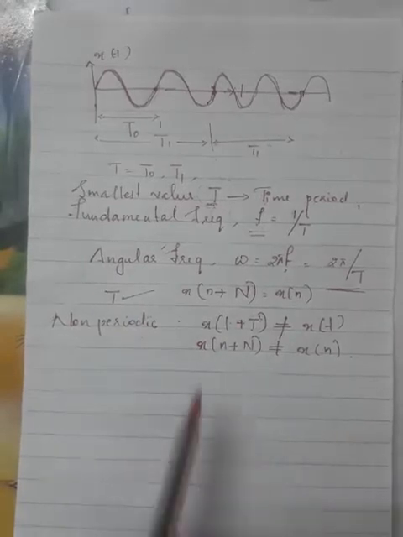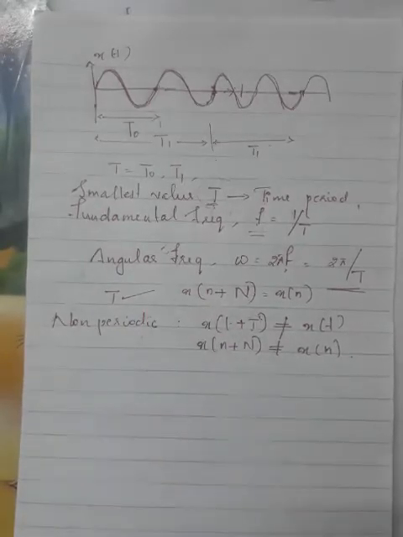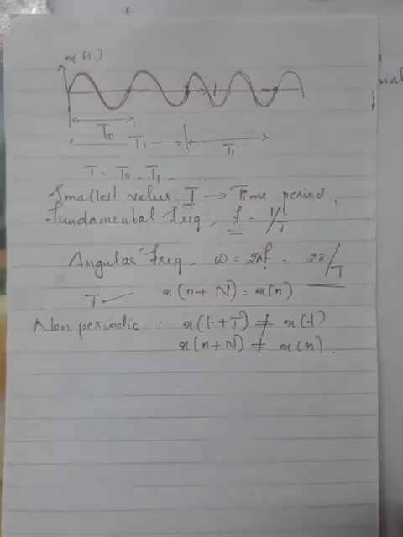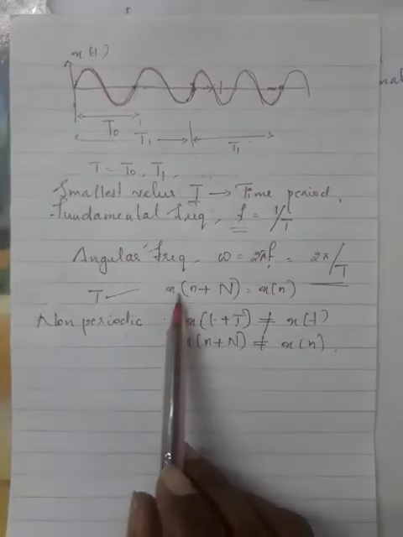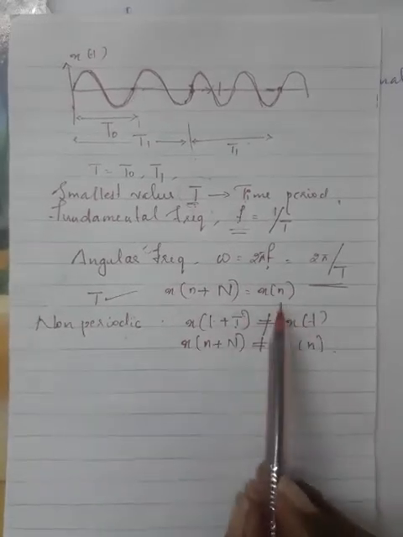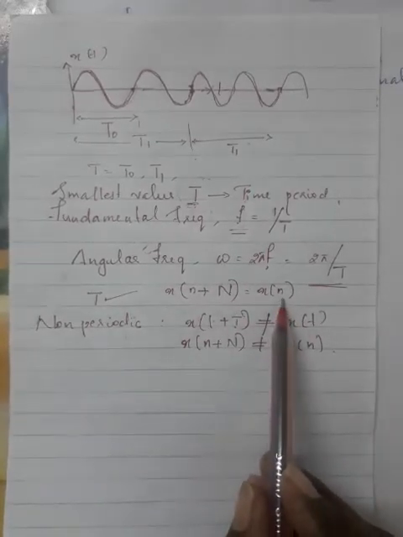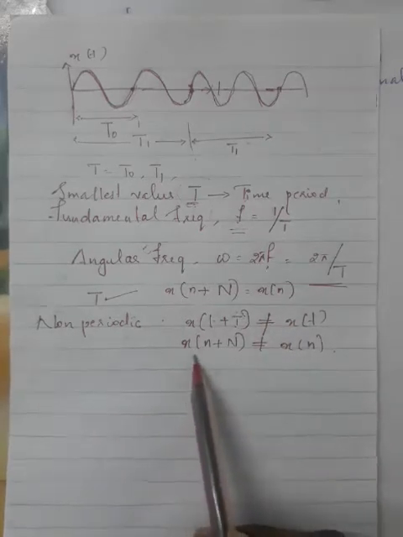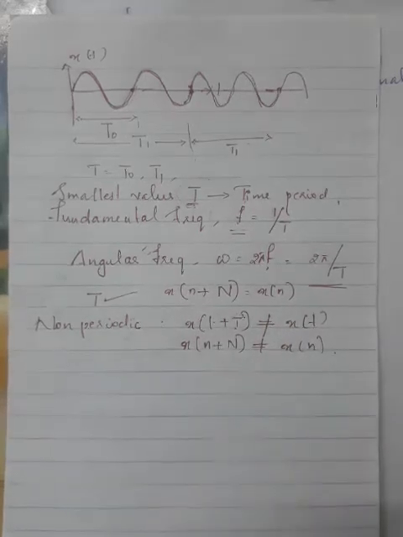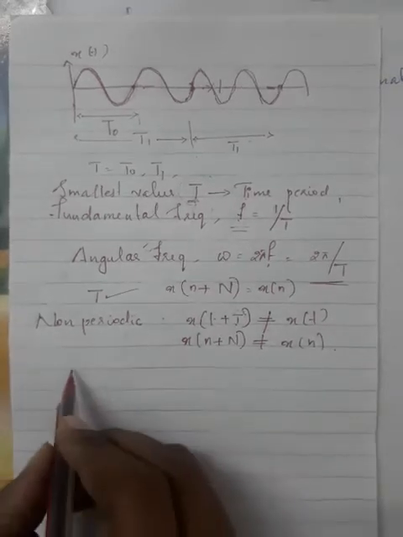So similarly we can define എല്ലാ പ്രോപ്പർട്ടീസും നമ്മൾ ഇത്രയും പറഞ്ഞ എല്ലാ സിഗ്നൽസിനും എനിക്ക് എന്ത് പറയാം, we can say in continuous time and discrete time. So for a discrete time signal, x of n plus capital N is equal to x of n for periodic signal, and for non-periodic signal x of n plus capital N not equal to x of n. Now we can see some examples for periodic signal.